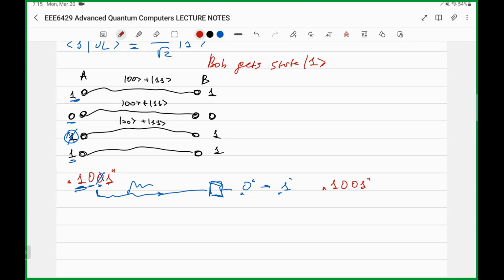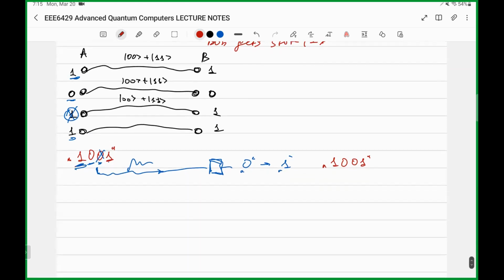But when Alice detects the bit incorrect, she sends this pulse to Bob in order to make him change this bit, right?